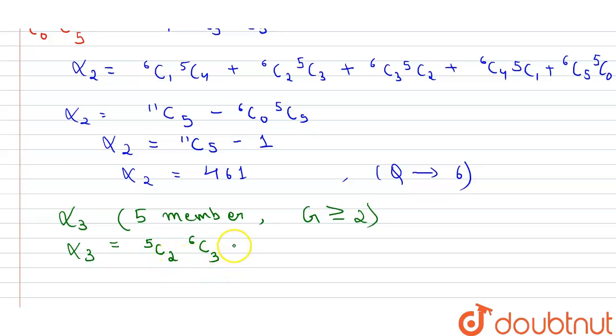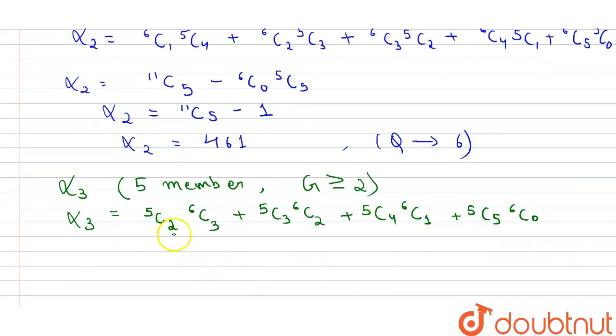So 2 plus 3 is 5. Plus 5C3, 6C2, plus 5C4, 6C1, plus 5C5, 6C0. Right? So this is our alpha 3 value.